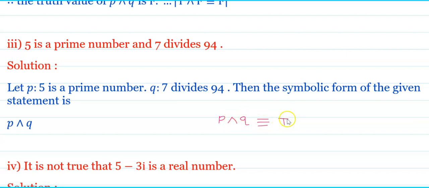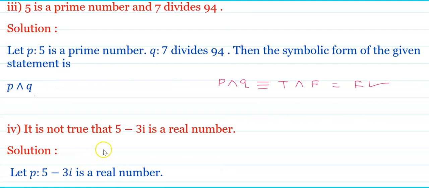Now P is true, but 7 does not divide 94 and hence its truth value is F. Therefore T and F, then we will get F. It's a truth value. Okay, then the symbolic form is P and Q and its truth value is F.